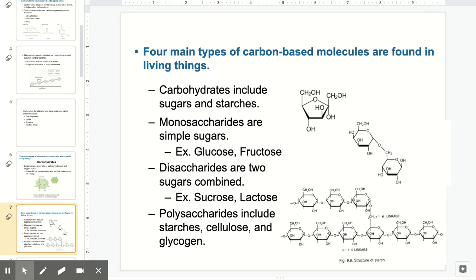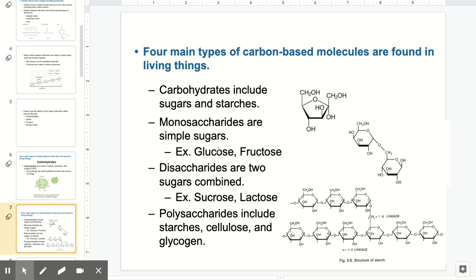Here's a few more examples of different carbohydrates. Generally speaking, carbohydrates we're familiar with like breads and pastas and cereals. And we can really sum that up to sugars and starches. We can also throw potatoes in there. So your monosaccharides are your simple sugars.